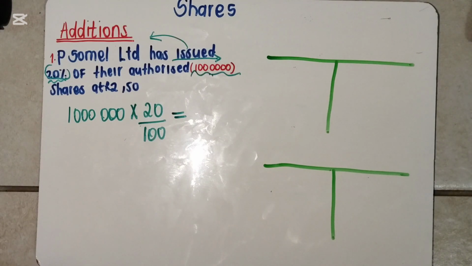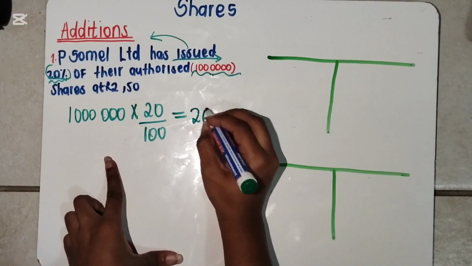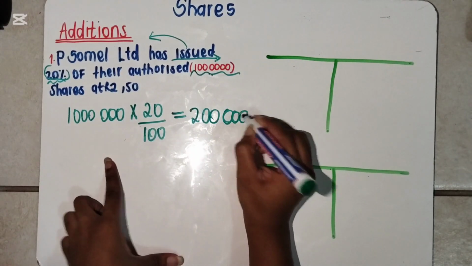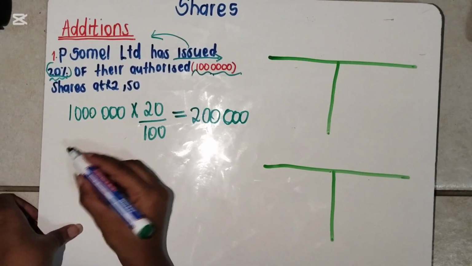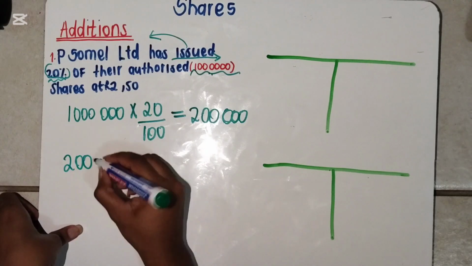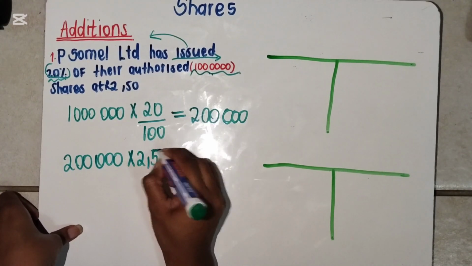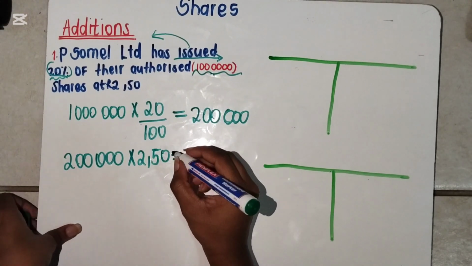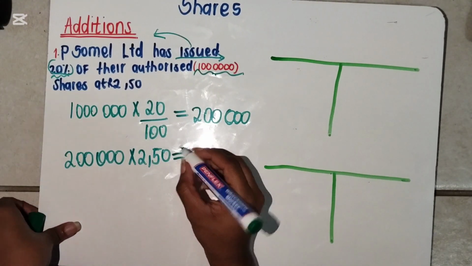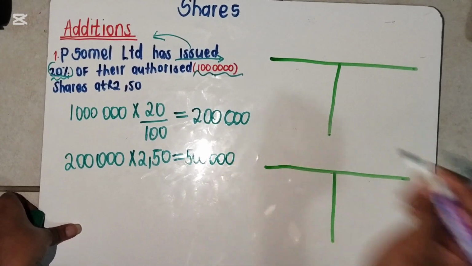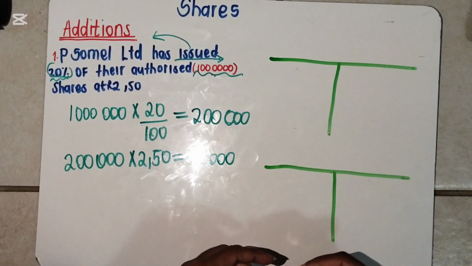That should give you 200,000. This 200,000 is the number of shares at the value of R2.50. So you're going to multiply this by R2.50, and you're supposed to get 500,000. This is actually a million. I kept on saying 100,000. It's a million because it's 6 zeros. Sorry.